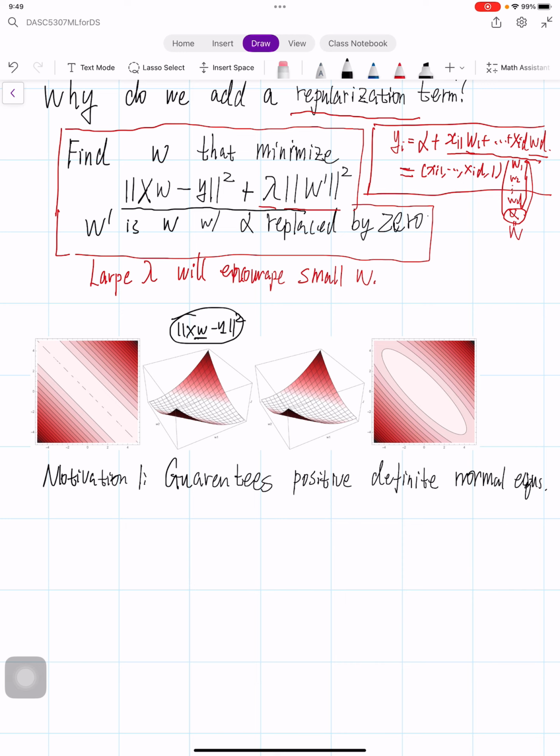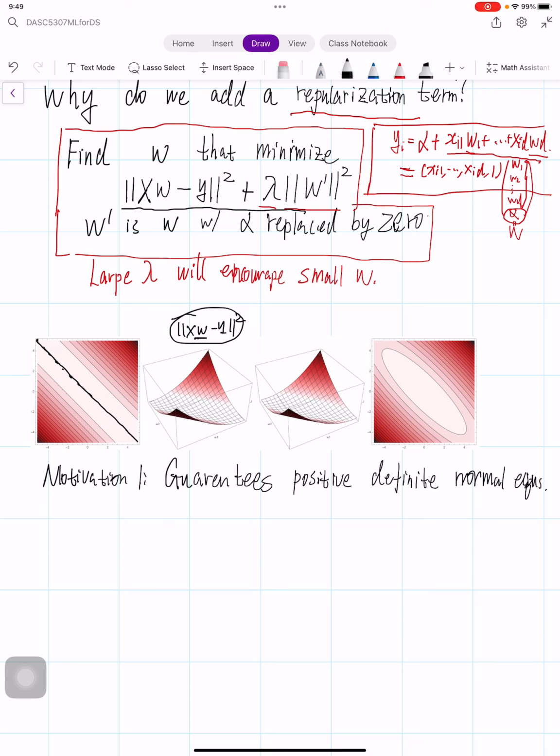As we can see, if this quadratic form is positive definite, we have a unique solution. But in some cases, we may not have a unique solution. For example, in this case, the whole diagonal line is a minimizer for this equation.